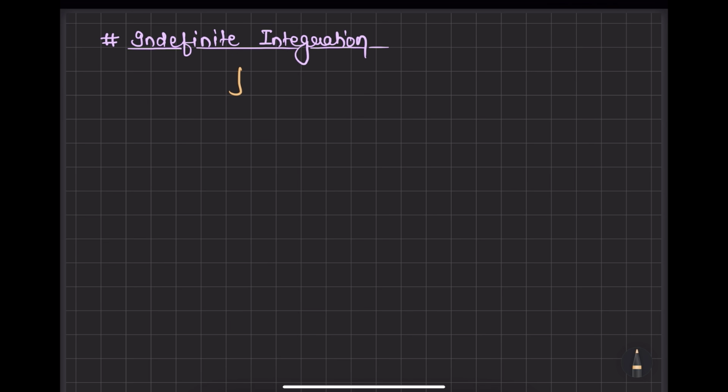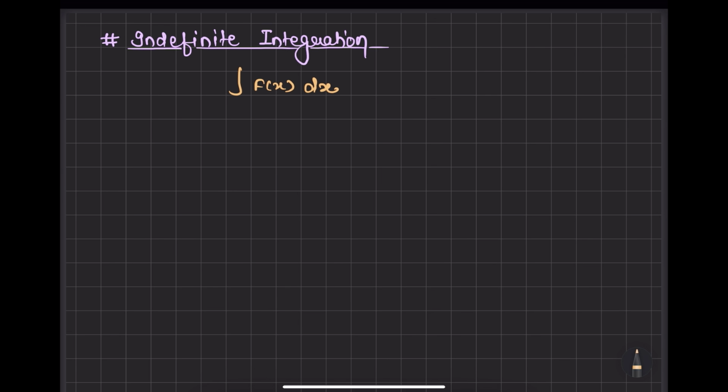First, try to understand this is representing integration of f of x, a function in x, and you are integrating with respect to x. If you differentiate, you will get some answer with a constant. I will explain that after some time.